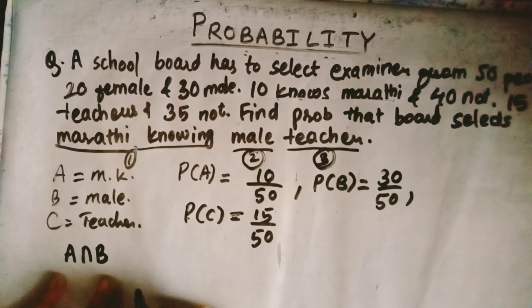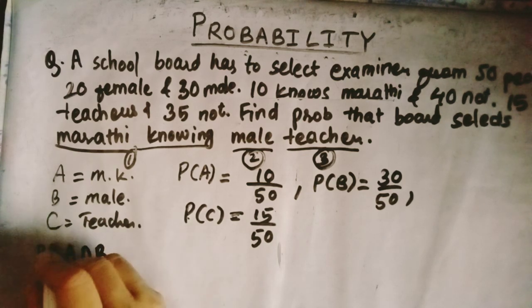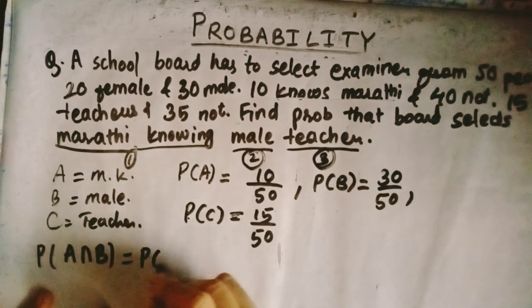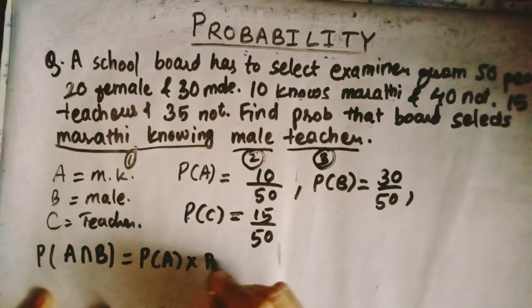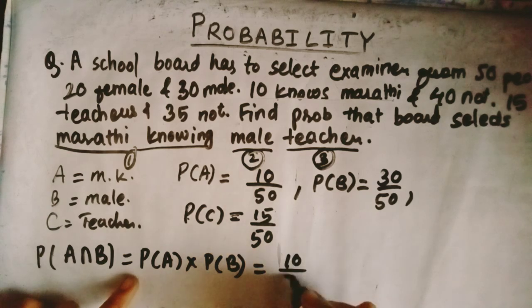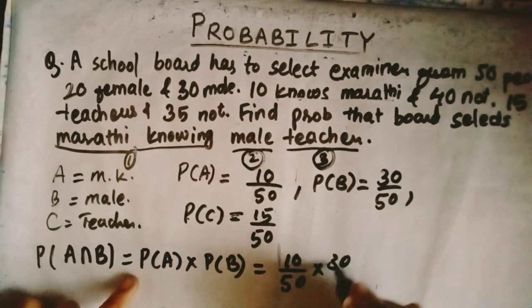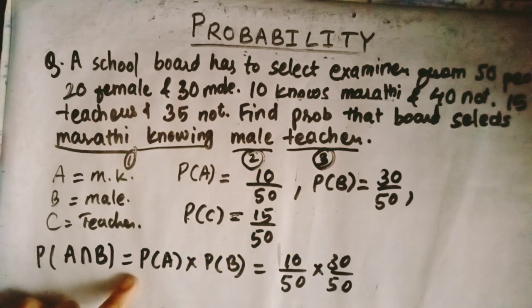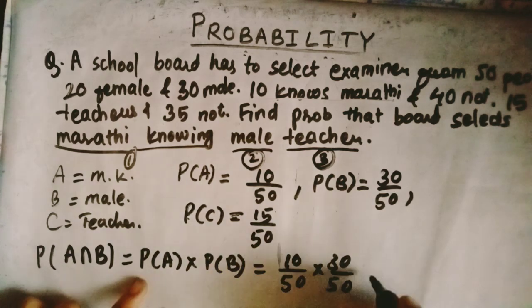It will be 10 upon 50 into 30 upon 50, right? P of A into P of B. 10 upon 50 into 30 upon 50.